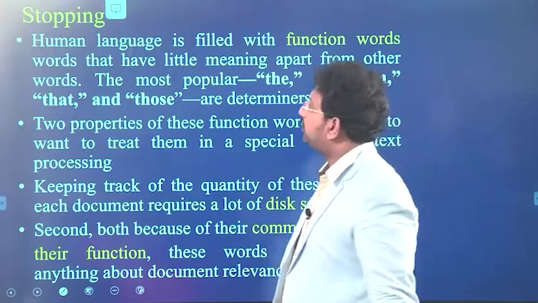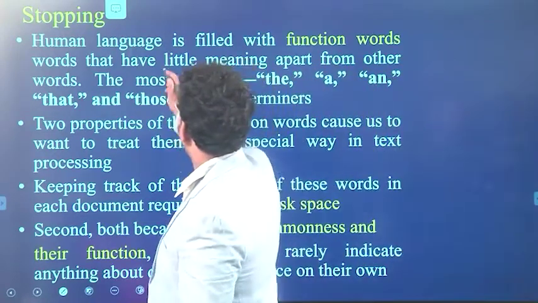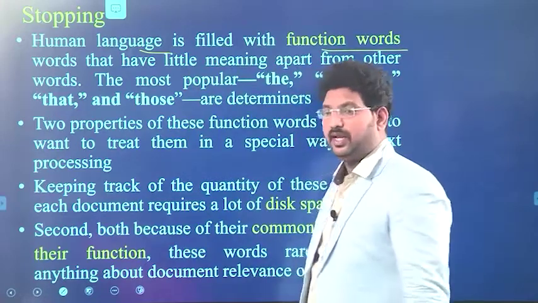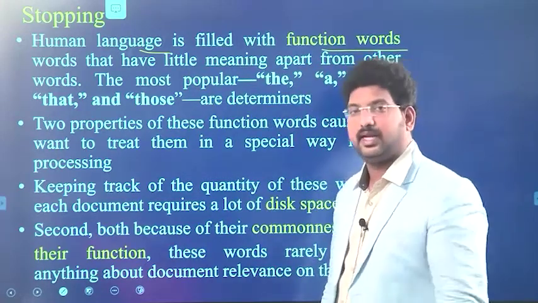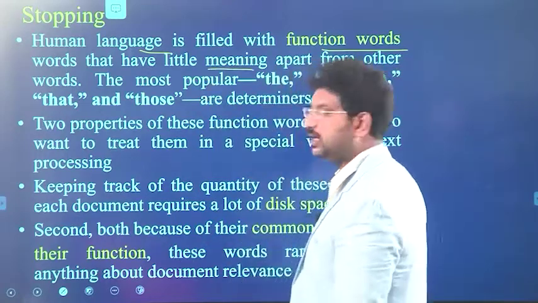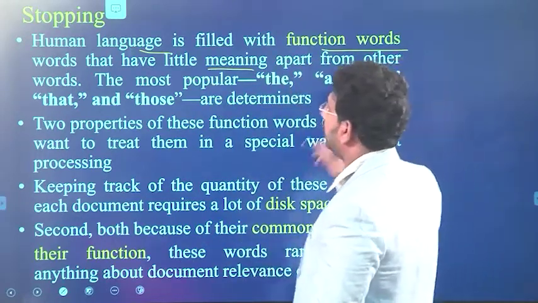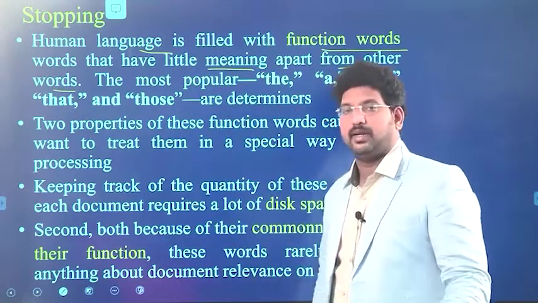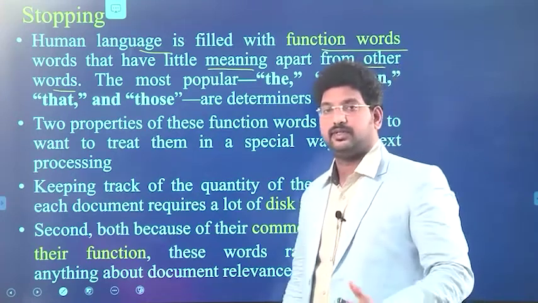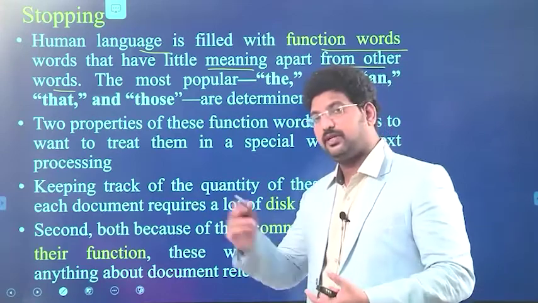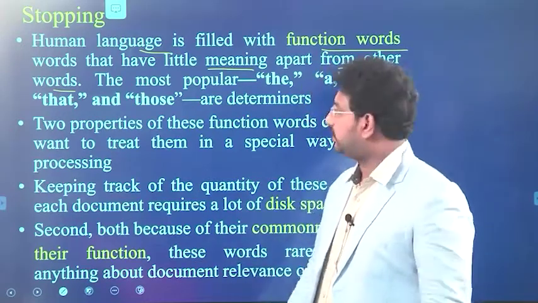Here, human language is filled with function words. Whatever I am talking or writing is filled with function words that have little meaning apart from other words. Some words have a clear meaning, while others do not, but when they are associated with other words, they have a full-fledged meaning.